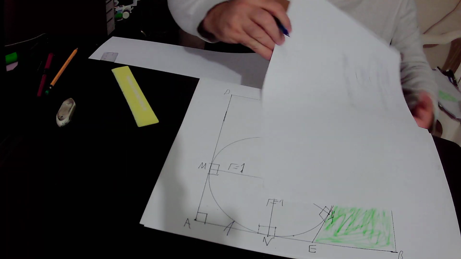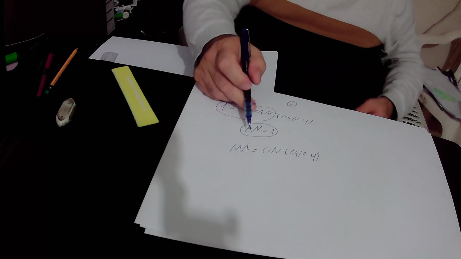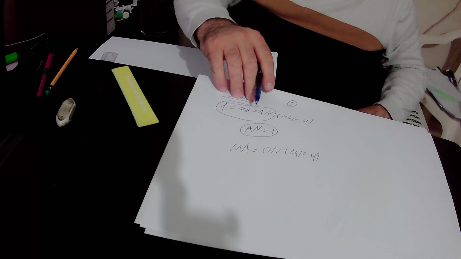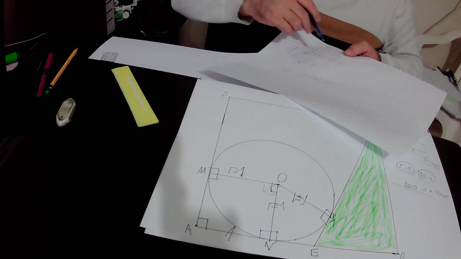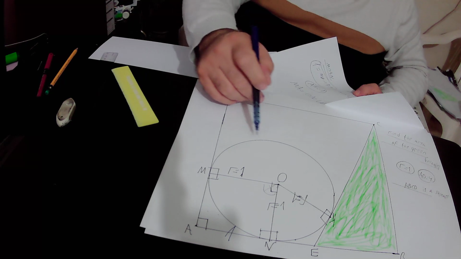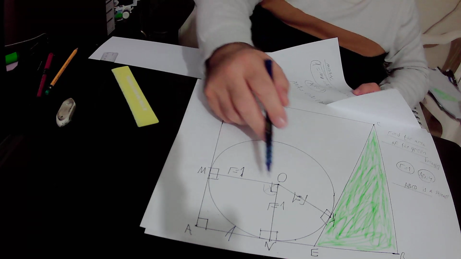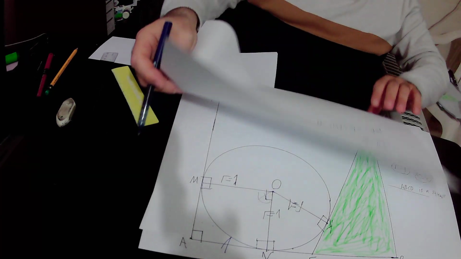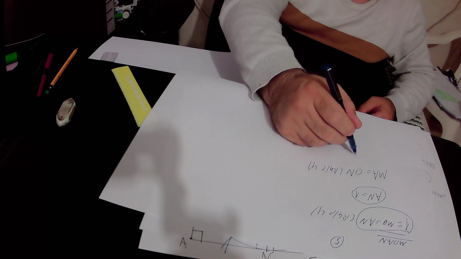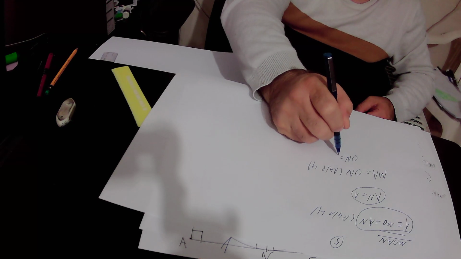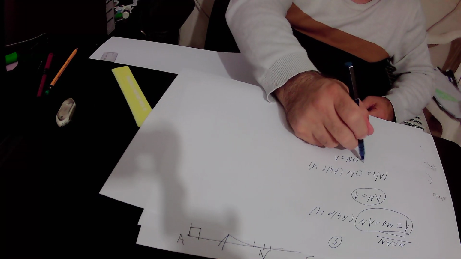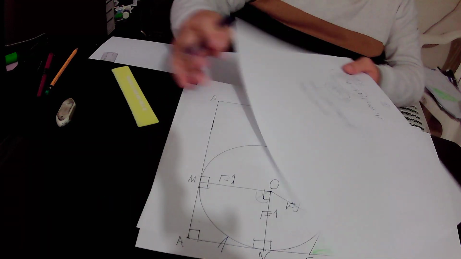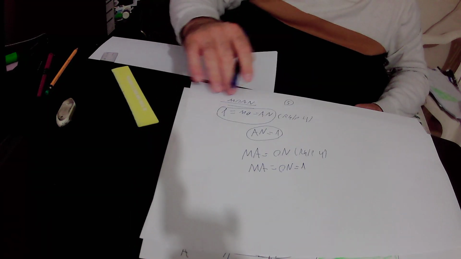I'll repeat again. Side MA equals side ON according to rule number 4. But we already know that ON equals 1 unit.